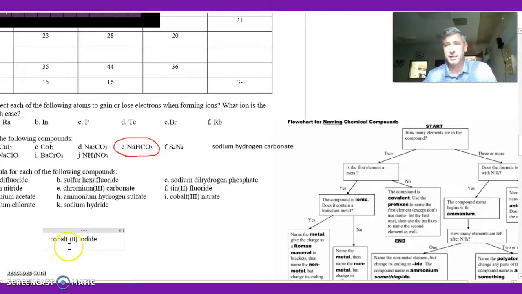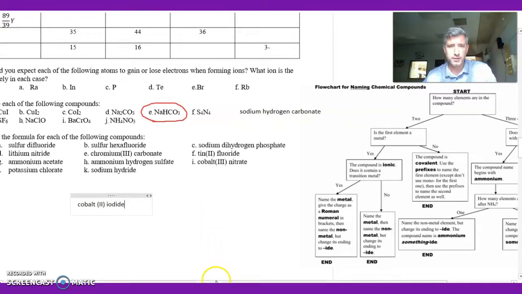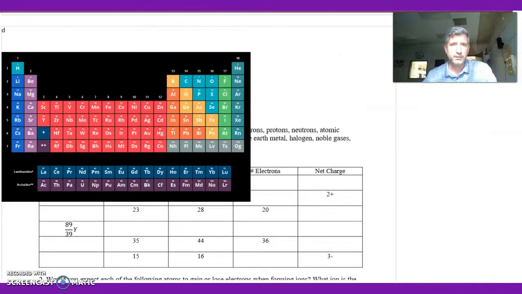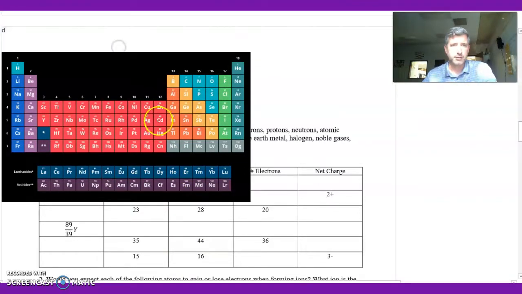Now there are a few exceptions where you have a transition metal that always has the same charge, and so we don't include it. I don't believe that this particular flow chart addresses that, but I will outline them here for us. Better use, I guess, blue. So technically aluminum's not really a transition metal, but it always has the same charge.